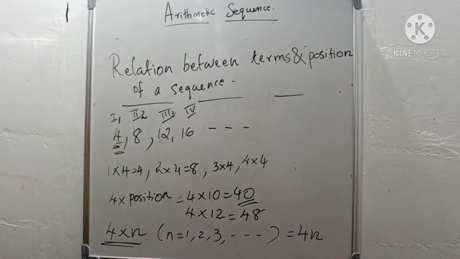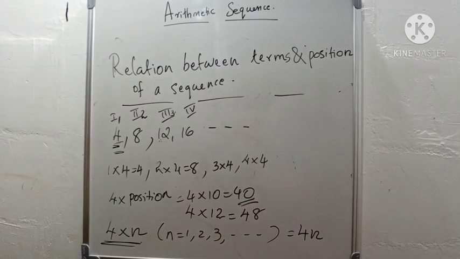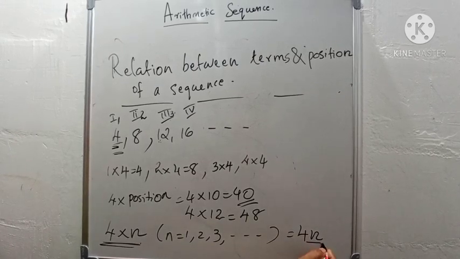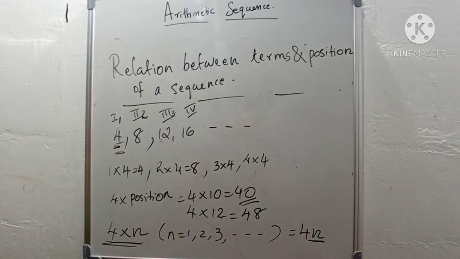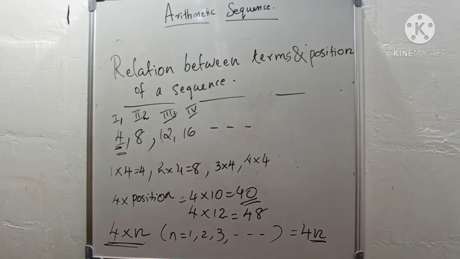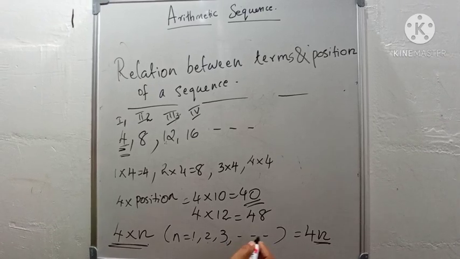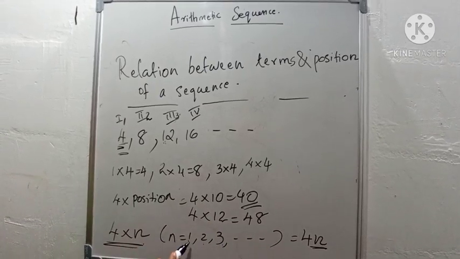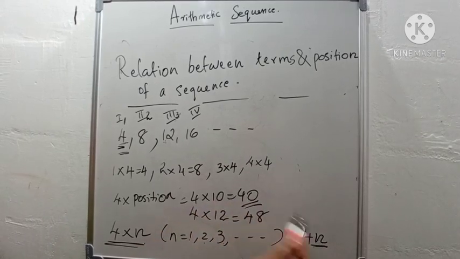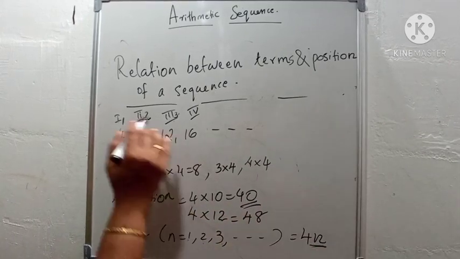Okay, 4n is the algebraic form or general form of this sequence, where n is the position of the terms: first position, second position, third position, etc. If we need the first number, we write 4 into 1. The second term, 4 into 2, 8.